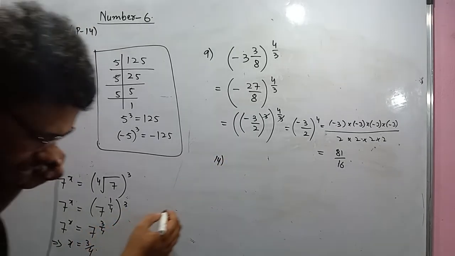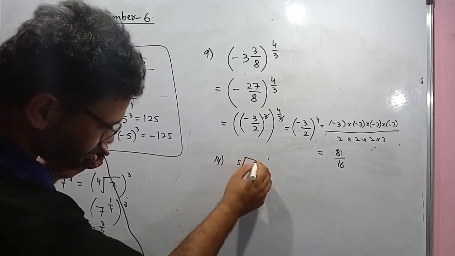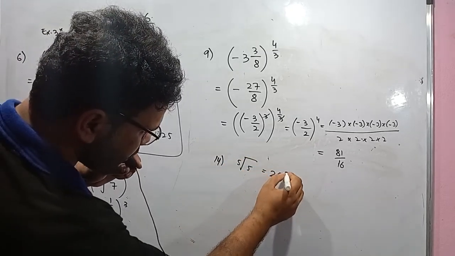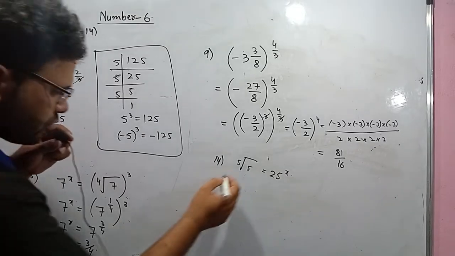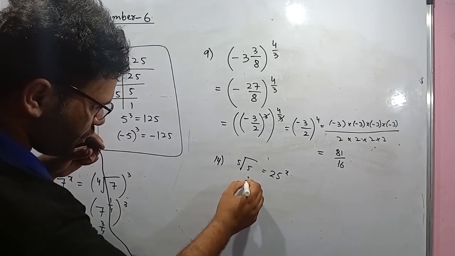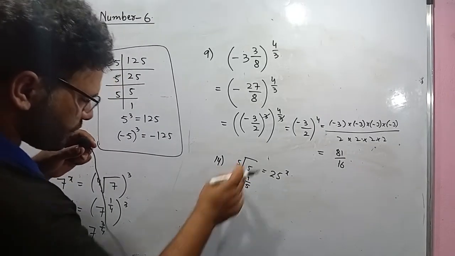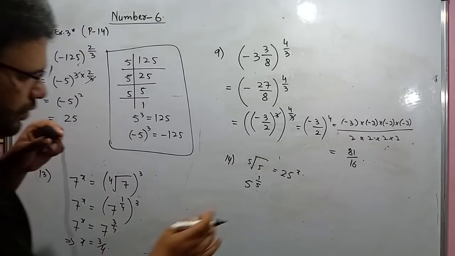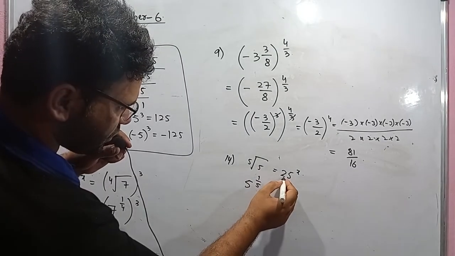It is a similar question. It's 5th root of 5 is equal to 25 to the power x. How to do? You can see it's 5 whole power 1 by 5. This 5th root is 1 by 5, is equal to this 25.